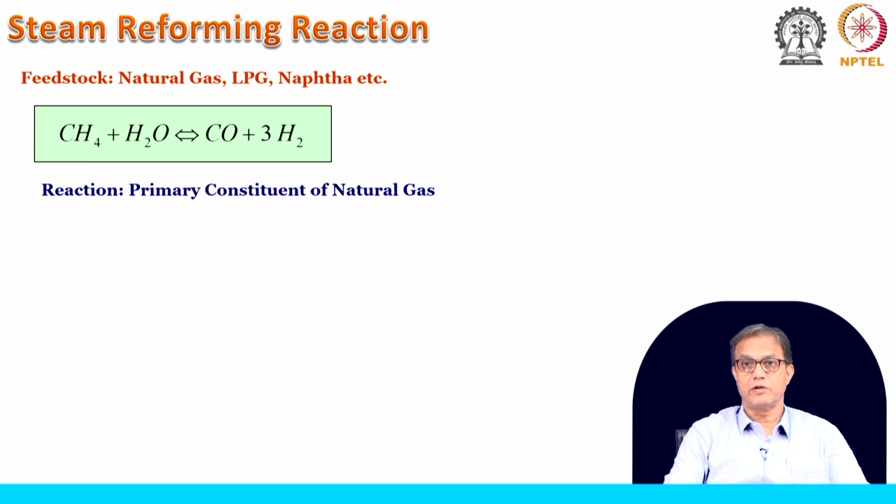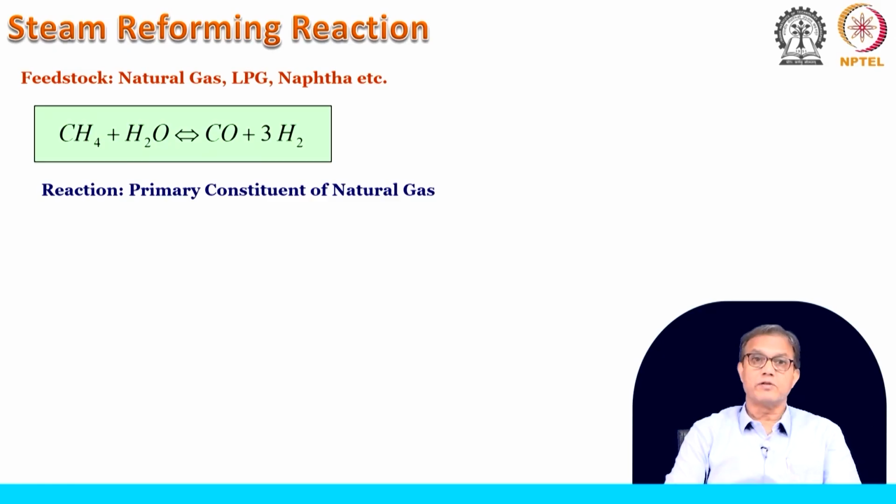It is not water, it is in the form of steam, and it gives us syngas. Syngas is basically a combination of CO plus hydrogen. It is called syngas because it is synthesis gas, which is the basis of many hydrocarbon products produced in the chemical industries.